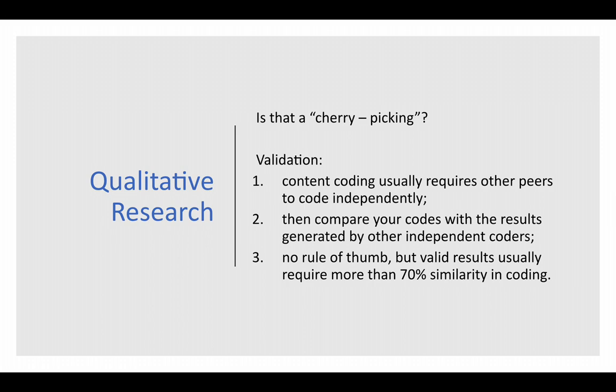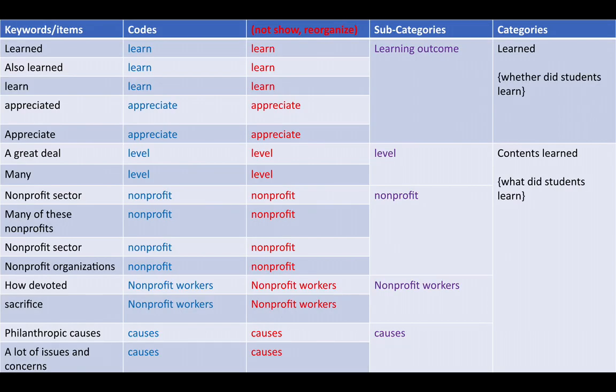But generally speaking, in practice, you can come up with agreement, right? So for example, say you have 100 documents. You can select 10 of them, and then you code them together. When you are coding, you can discuss with each other and come up with a common coding scheme.